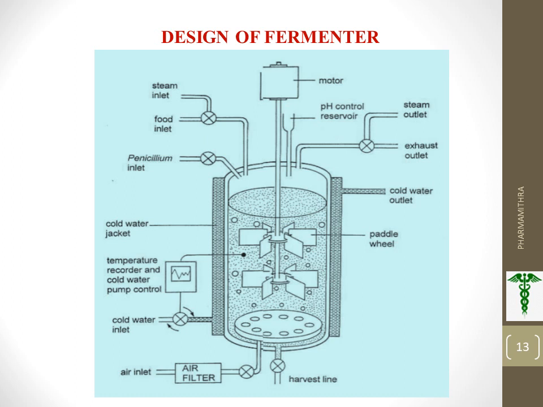By maintaining favorable conditions, we add the nutrient media into a large vessel, and that large vessel can be called a fermenter. This containment system is designed to obtain the optimum environment for the growth as well as the optimal activity of the organism. The design and nature of the fermenter varies depending upon the type of fermentation we are carrying out in that fermenter.